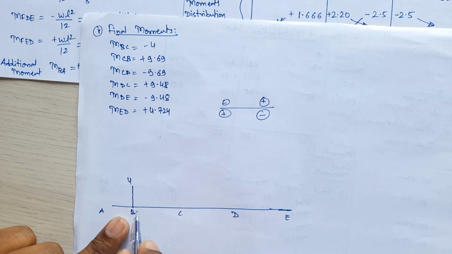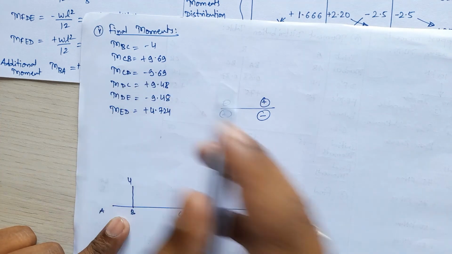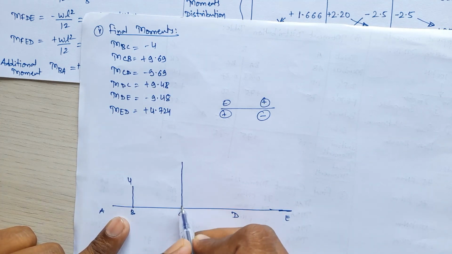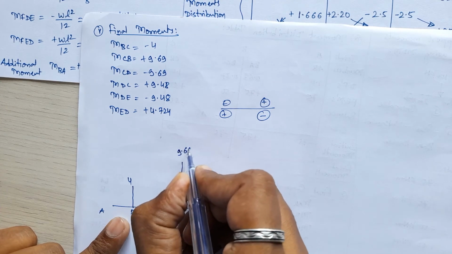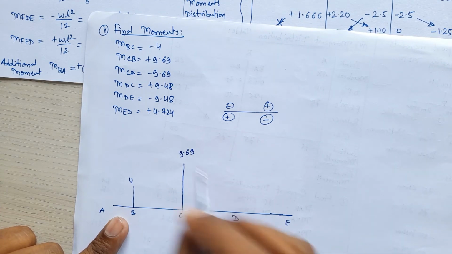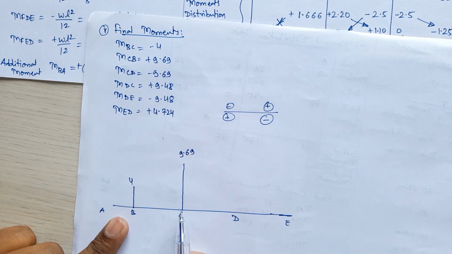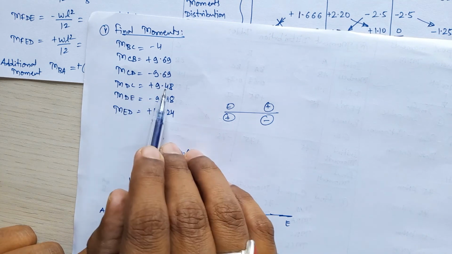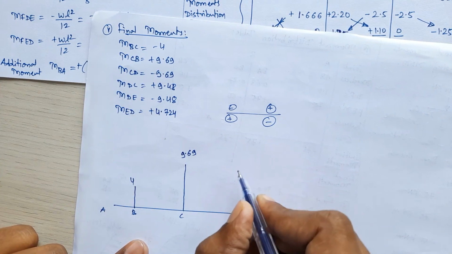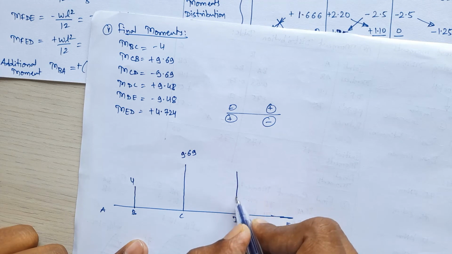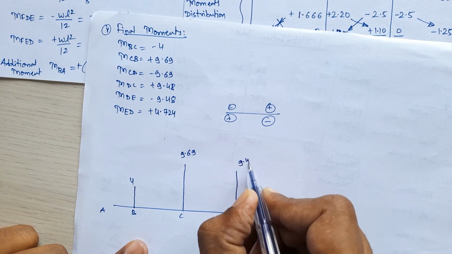4. Okay, then MCB, that I am getting as plus 9 point something. Next CD, I am getting minus 9.69, already it is plotted. MDC plus 9.48, so smaller than this somewhat, 9.48.